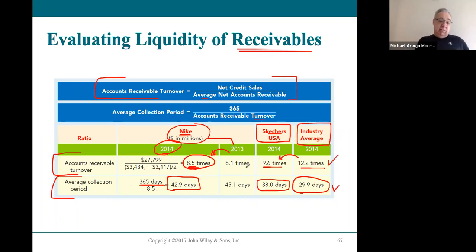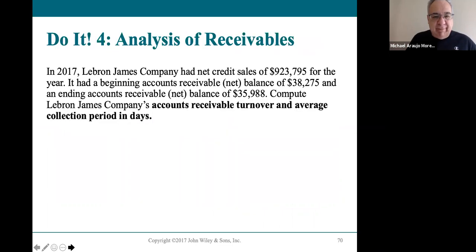So I will tell you, if I were the vice president of finance at Nike and I saw these numbers, I would be calling a big meeting with all the folks there and showing them these numbers, where we're at right now and where we want to be, at least what the industry is doing. And I would look at them and just say, just do it. Okay. Sorry about that. You knew the puns were coming eventually.